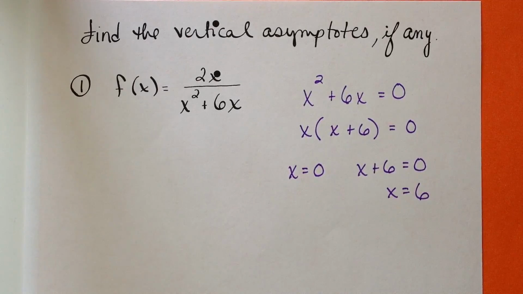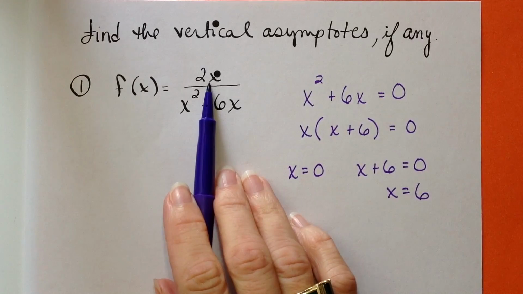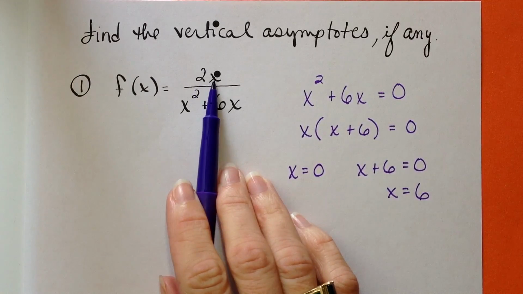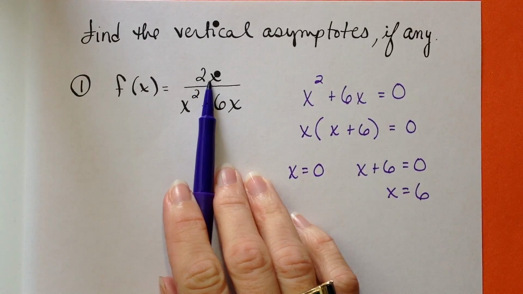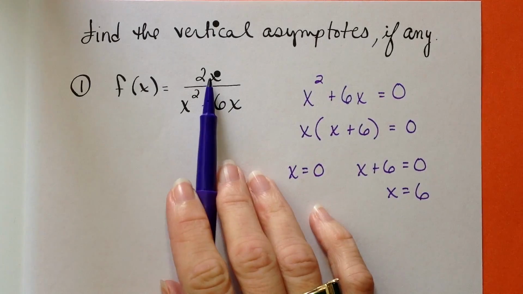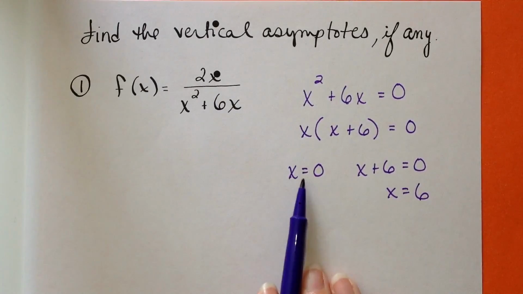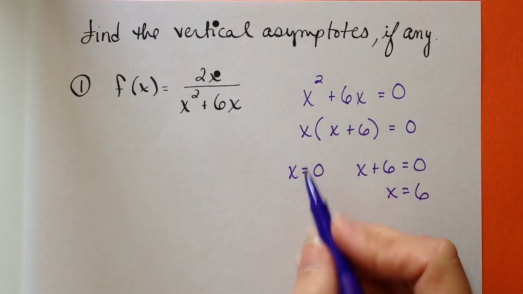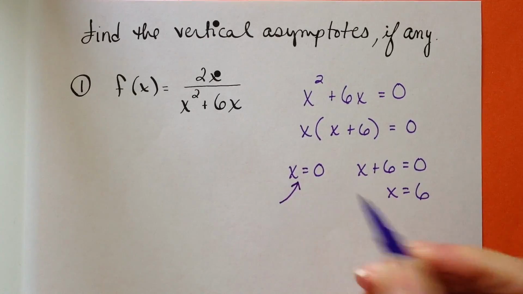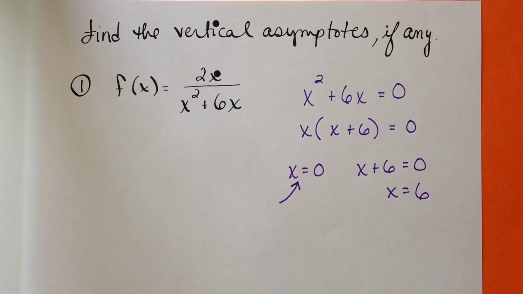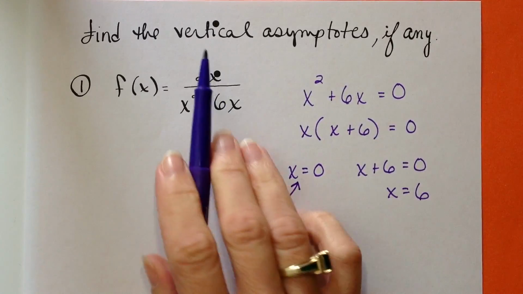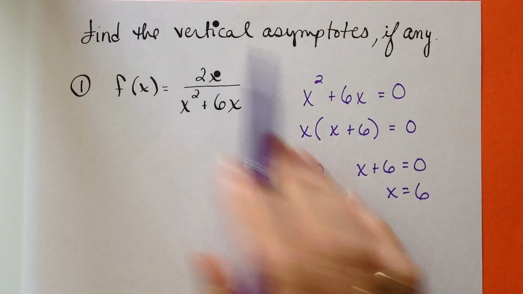But I've got to check to see what those values do to my numerator. So if I take x equals 0 and substitute it into my numerator, 2 times 0 will give me 0. So since this also causes your numerator to equal 0, this is not a vertical asymptote. Now, like I said, you're checking your answers. It's just not going to say anything about x equals 0 because you were specifically just asked for vertical.